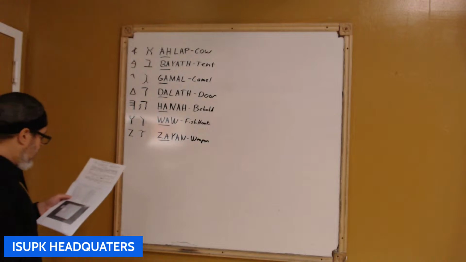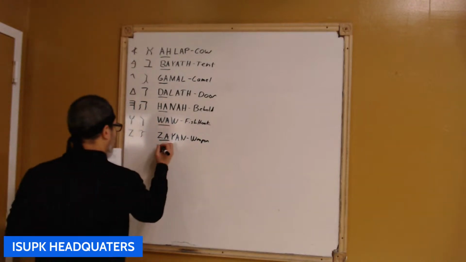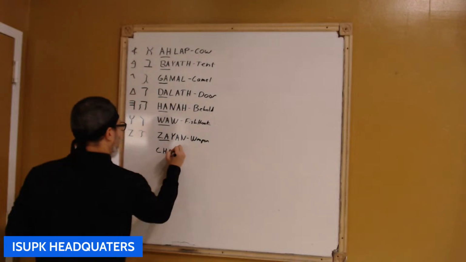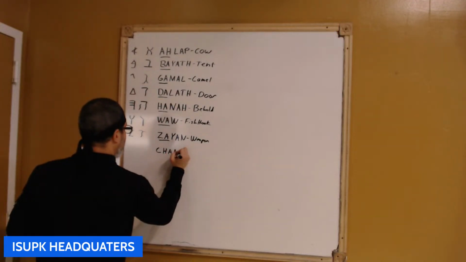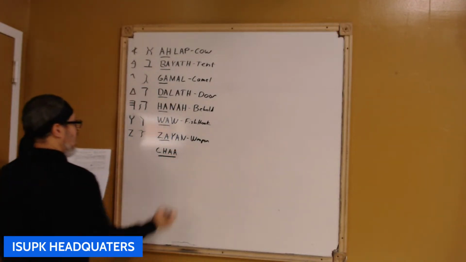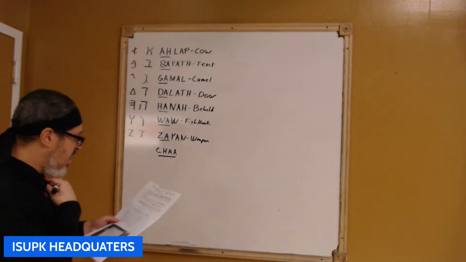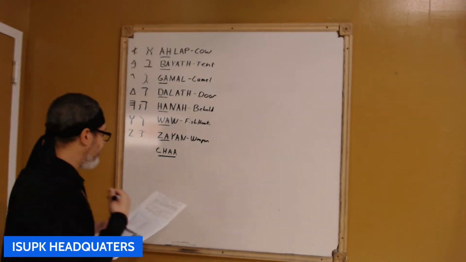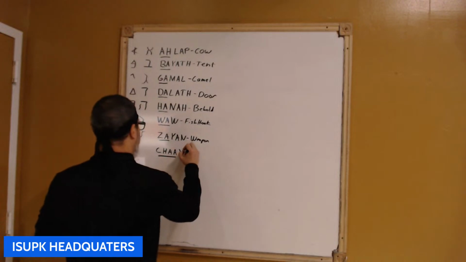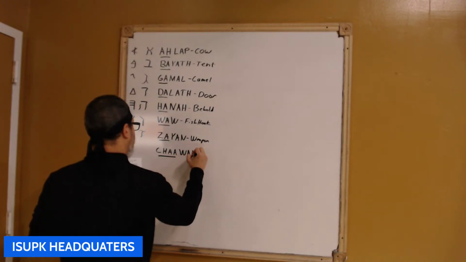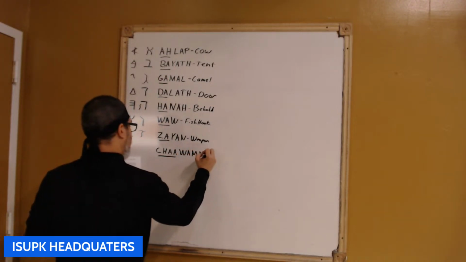Next we have Kawama, Ka, with the C-H-A-A sound. That's the Ka. That's if you have something in your throat. Ka. As I exaggerate that. Ka, wa, ma.